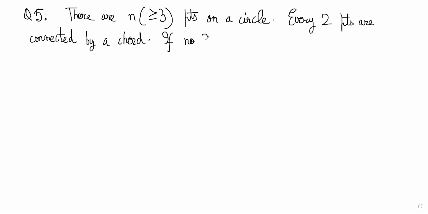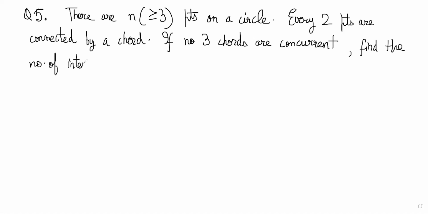If no 3 chords are concurrent, find the number of intersection points of these chords inside the circle.